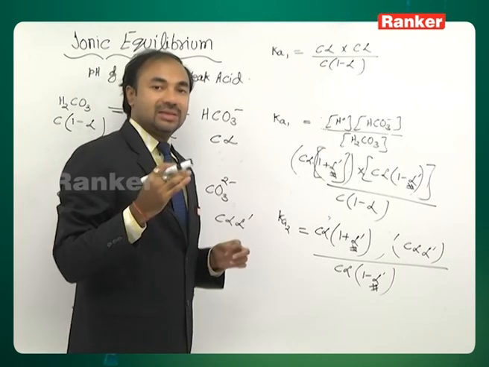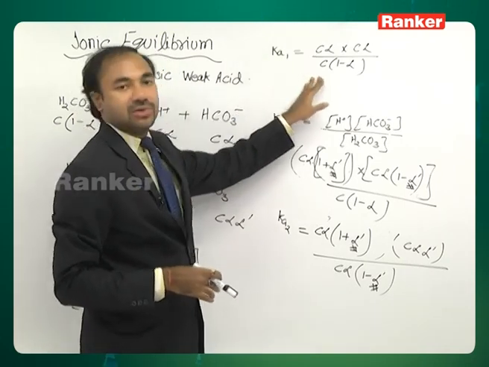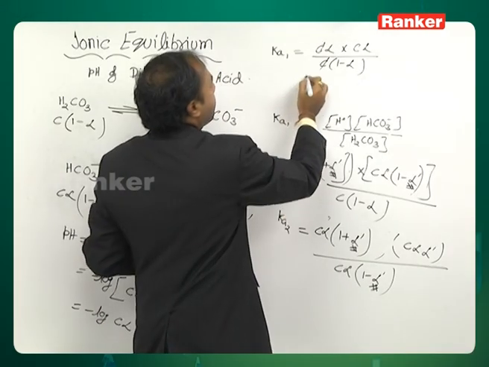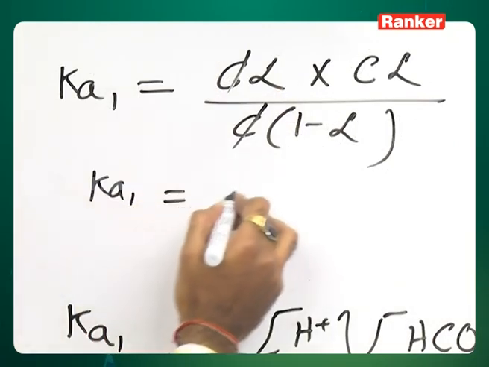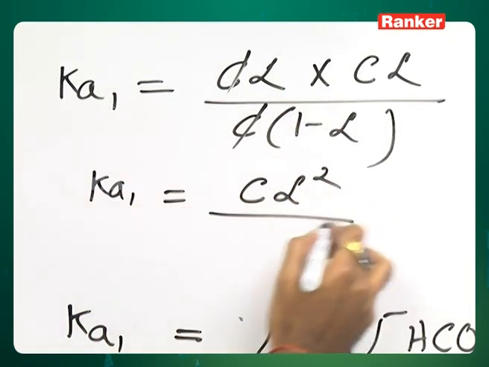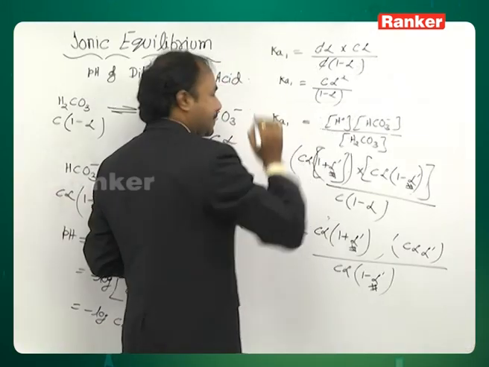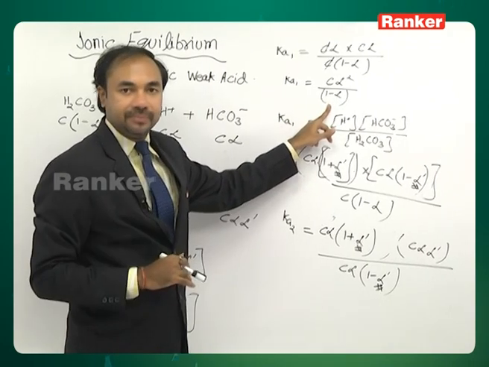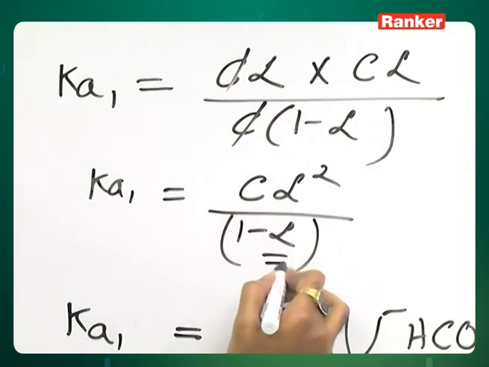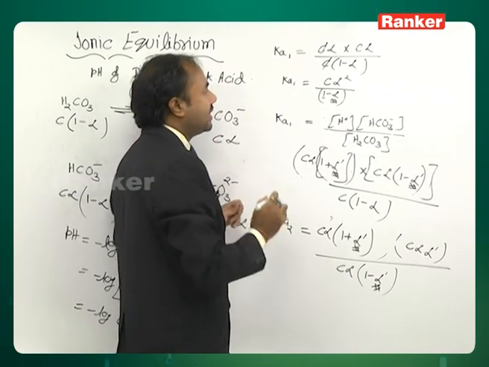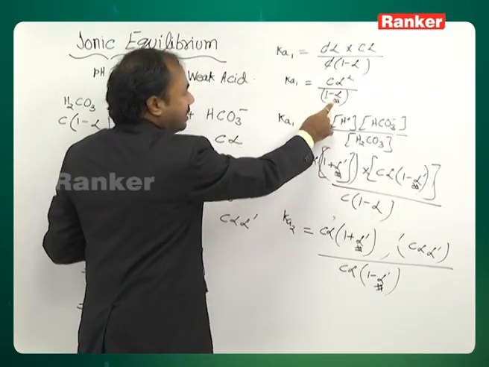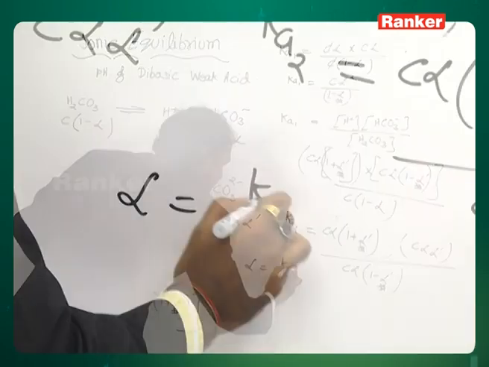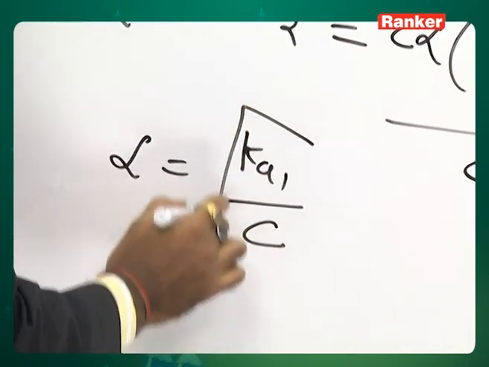If you remember, this is exactly similar to acetic acid dissociation. We cancel C here and we get Ka1 equal to C alpha square upon 1 minus alpha. Right? Again, I take the approximation here that alpha is negligible as compared to 1. If we neglect alpha here, then the equation becomes alpha equal to Ka1 by C under square root.